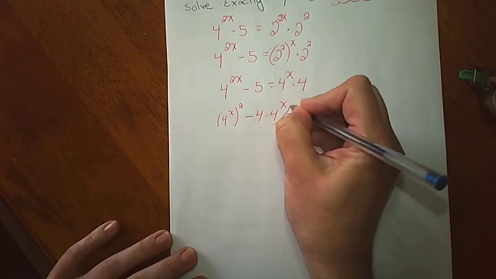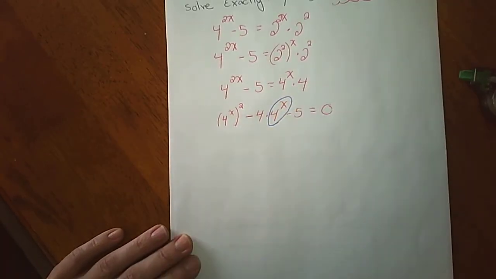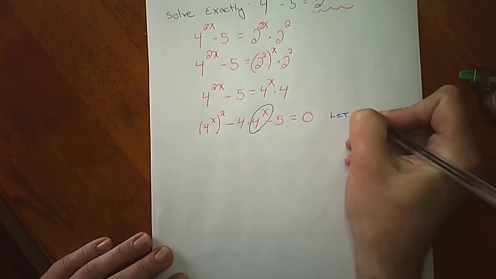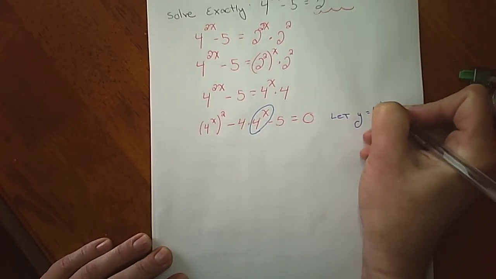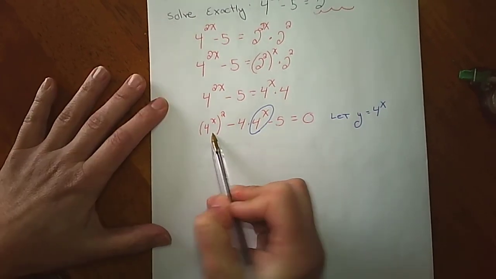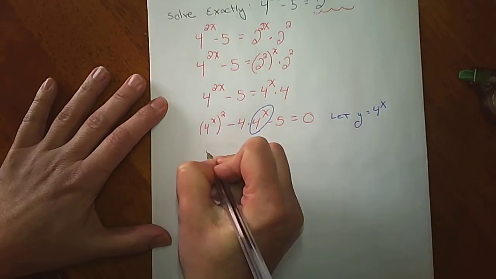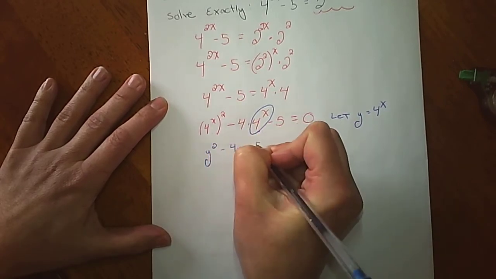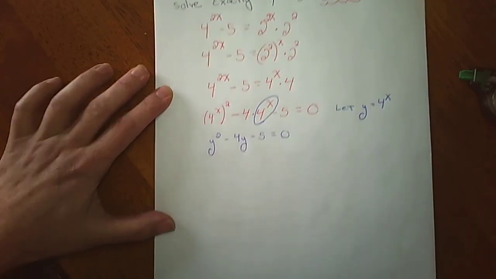And then this is where I make my let statement. Whatever is in the middle there, that's what I'm going to make my y. So I'm going to let y equal 4 to the x. And I happen to have a 4 to the x there too, so I'm going to substitute y in. So this is y squared minus 4y minus 5 equals 0.